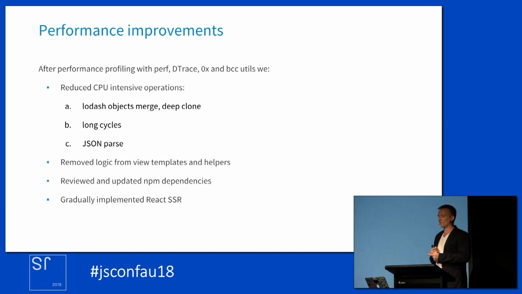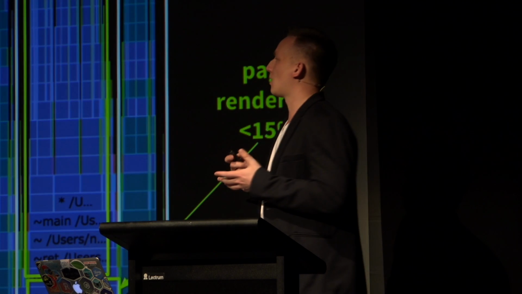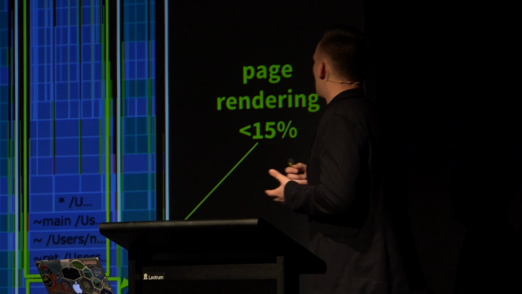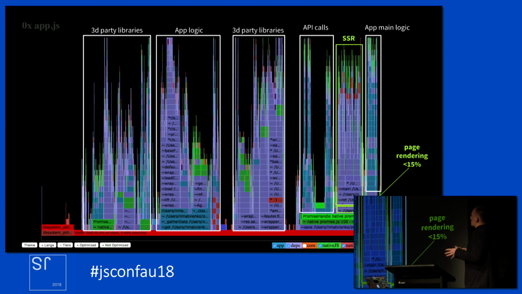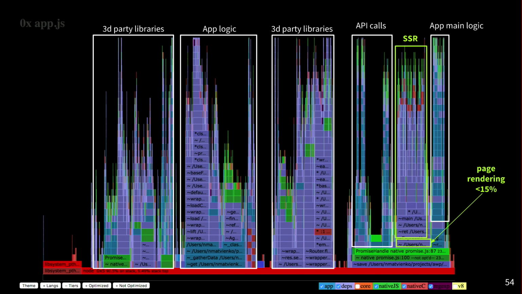We removed logic from view templates and helpers, especially custom helpers, and gradually implemented server-side rendering. After all those improvements, our server-side rendering spends only about 15% of main time. We reduced white blocks and increased the asynchrony of application execution.